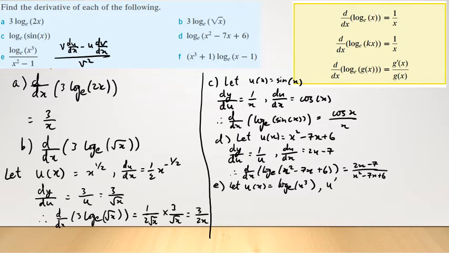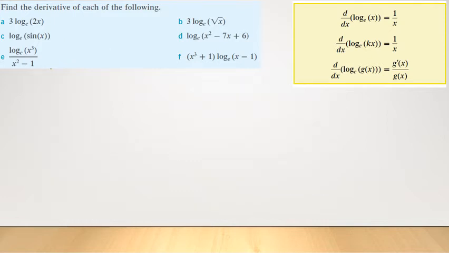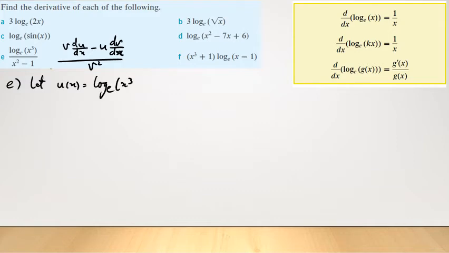Sorry, I'll do this on a different slide. Give me a sec. Right, let's do this again. So v du dx minus u dv dx over v squared. That's the rule we will need, the quotient rule. Then let u of x equal log e x cubed, and v of x equal x squared minus 1.